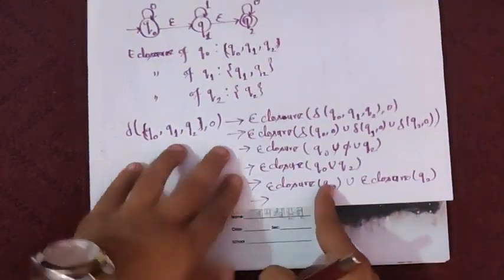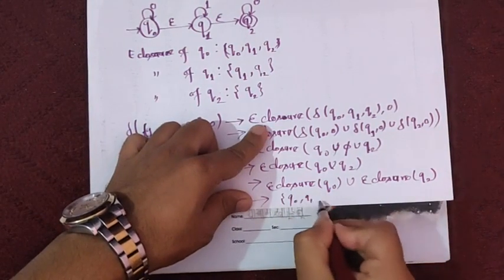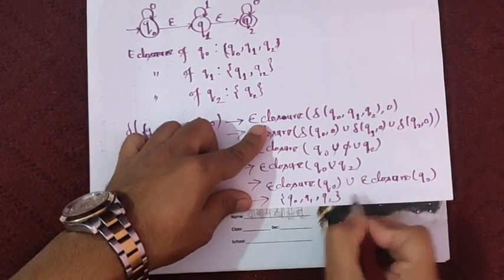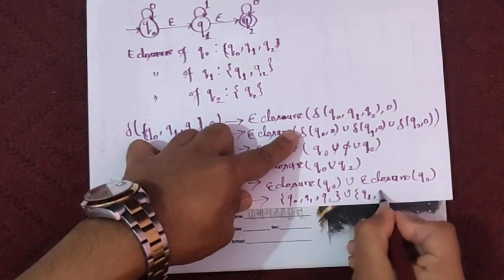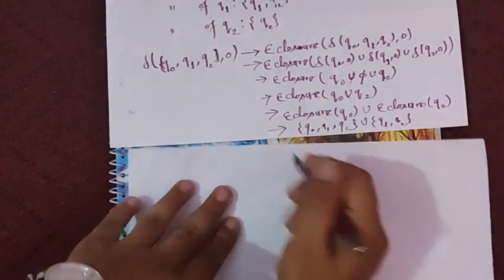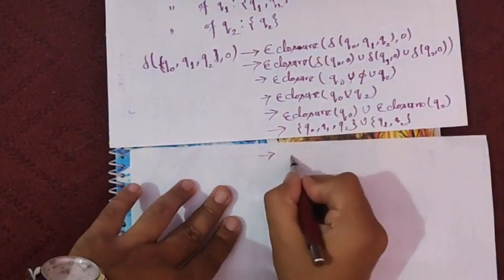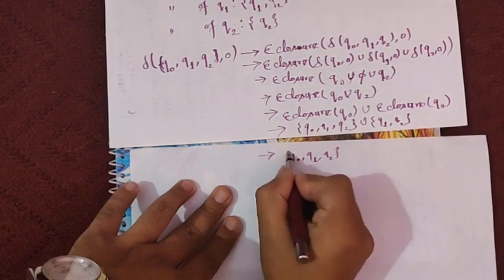Epsilon closure of q0 is q0, q1, q2, union epsilon closure of q2 which is q2, so it gives q0, q1, q2.